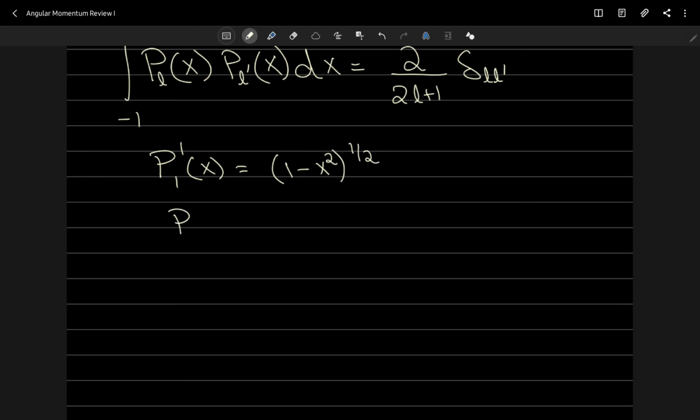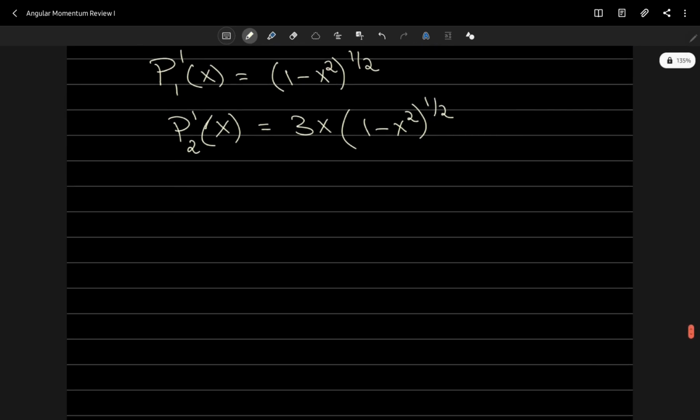Then you could have P with L equal to 2 and m equal to 1 of x, which would be equal to 3 times x times (1 minus x squared) to the power 1/2. And you could have so on.